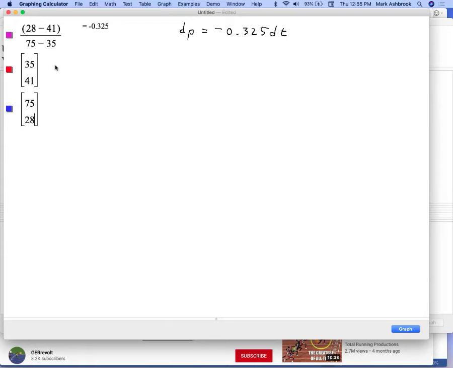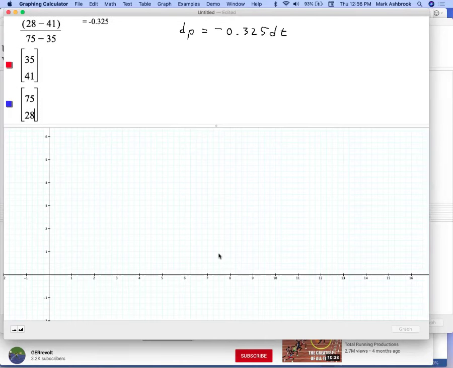Okay, so now I'm going to plot those points. The first one was a mathematical expression that returned a number. Now we're telling GC to graph points. As soon as we put those in, see down here in the lower right-hand corner, it says graph. If I graph, it opens up the axes and nothing is there. Why not? Yeah, notice the range here.